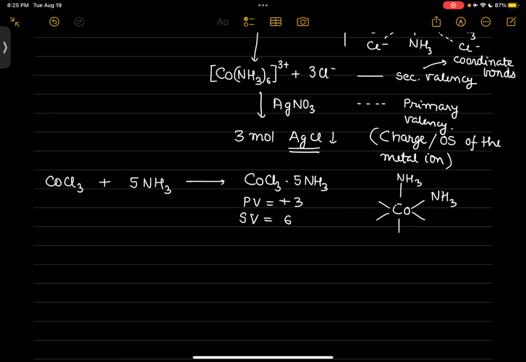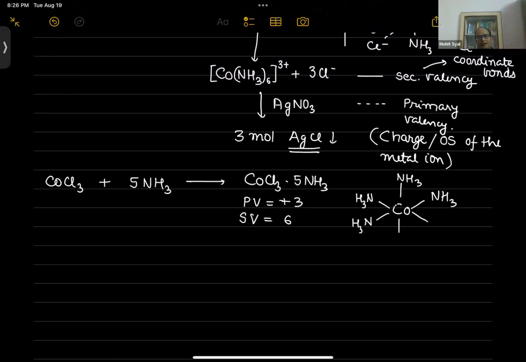But the problem is, what happened to that sixth bond? Who is satisfying it? To whom is this cobalt connected? One thing is for sure, there are only 2 types of species, either the ammonia or the chloride ions. So in this case, the cobalt is connected to 5 NH3 and 1 chloride ion.